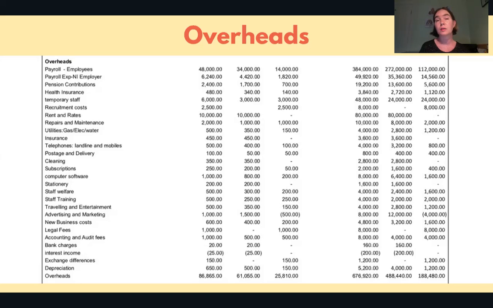So for instance, in the coronavirus times, a lot of people have given up their office costs, and this can save you up to 10 grand a month if you're a medium-sized company. But also be aware that if you do cut your costs, let's say you cut your computer support costs, this opens you up to the risk of being hacked.